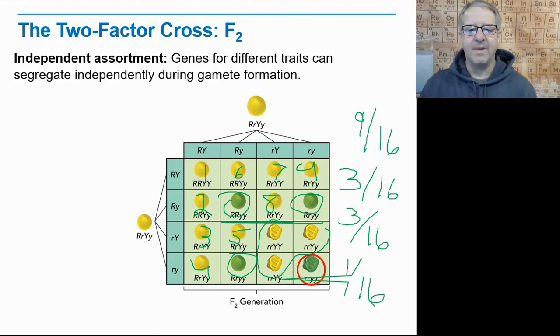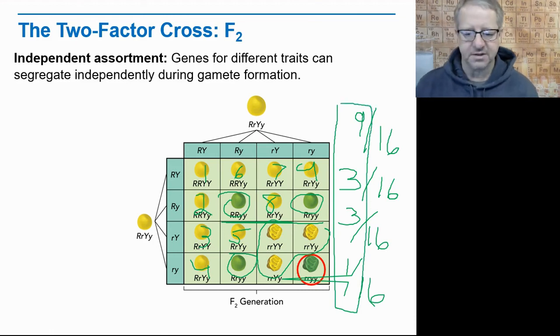Okay. Now I mentioned before the 9-3-3-1 ratio, right? So when we're talking about dihybrid crosses, independent assortment tells us that we have a probability of 9-3-3-1 in terms of outcomes with a dihybrid cross.